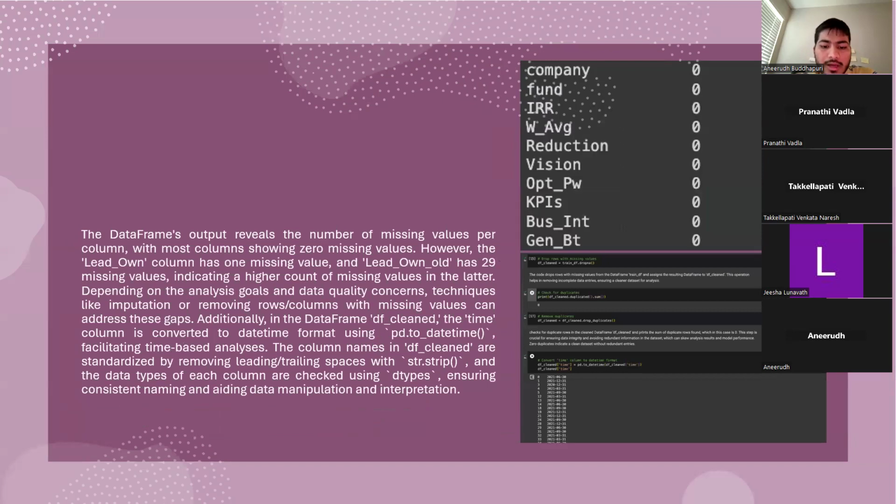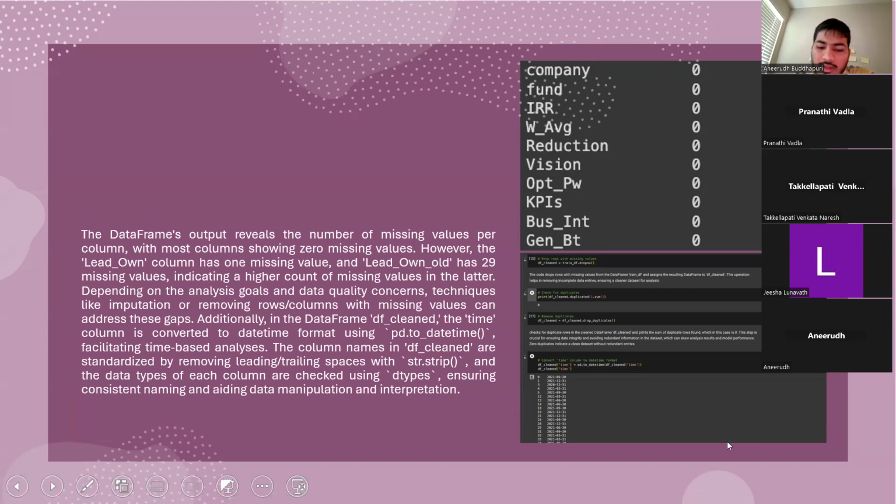And now coming to handling missing values and data types. Most columns have zero missing values, but lead_own has one missing value and lead_own_old has 29 missing values. Depending on the analysis goals, we can use techniques like imputation or removing rows or columns with missing values.